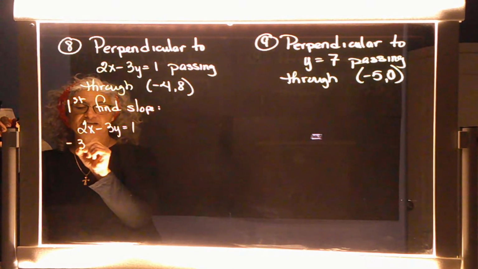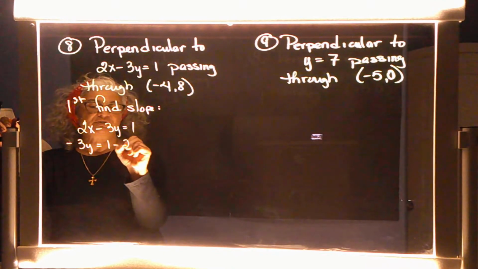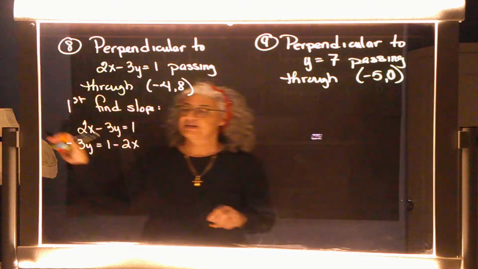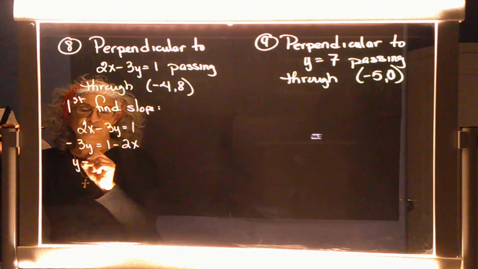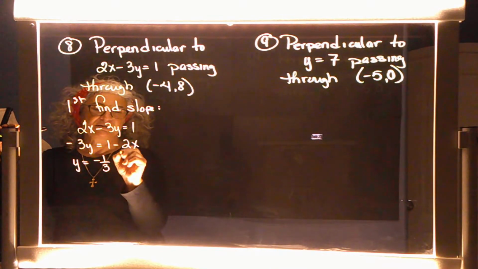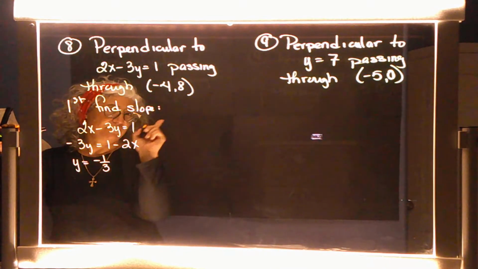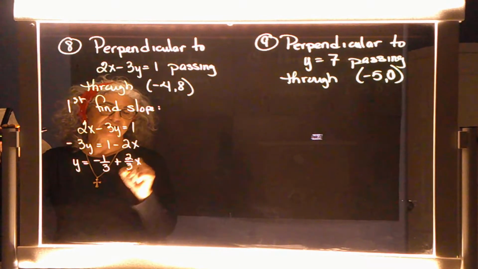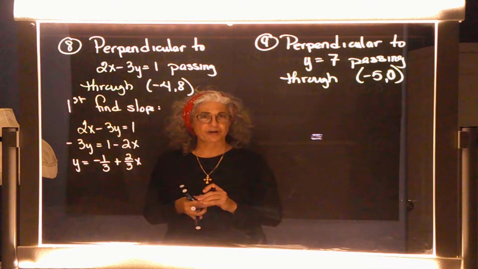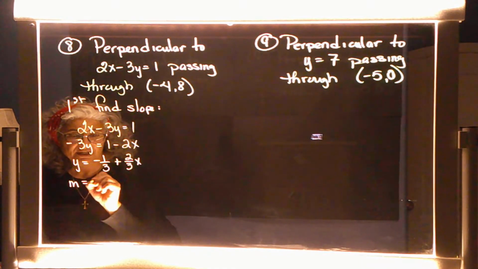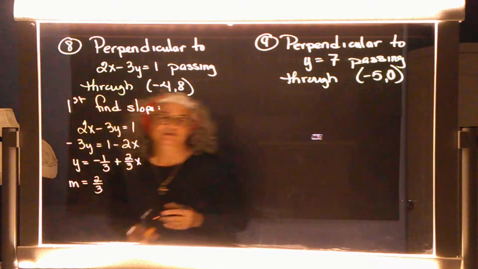So we have -3y equals 1 minus 2x. And then what? Good, divide everything by -3. So I have y equals -1/3, and negative divided by negative is positive 2/3 x. Correct? Okay, so the slope here is 2/3, right?